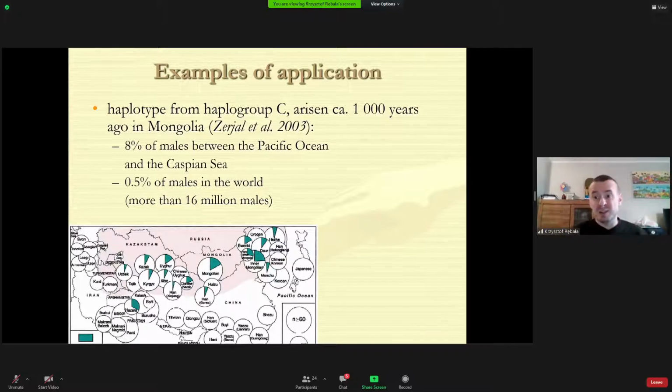The researchers found that 8% of males between the Pacific Ocean and the Caspian Sea, which corresponds to 0.5% of males in the world, that is more than 16 million males in the world, are descendants of only one male who lived approximately 1,000 years ago.